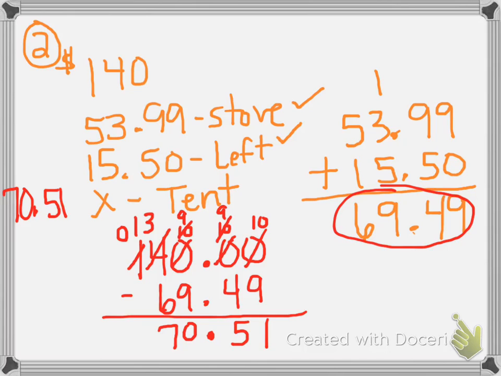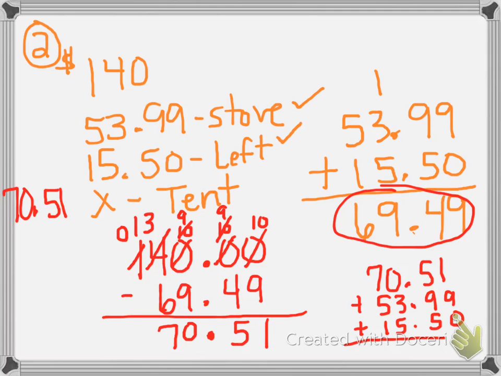Now, how could we check our answer if we wanted to? We could add $70.51, the cost of the tent, plus $53.99, the cost of the stove, plus $15.50, which is what was left over.